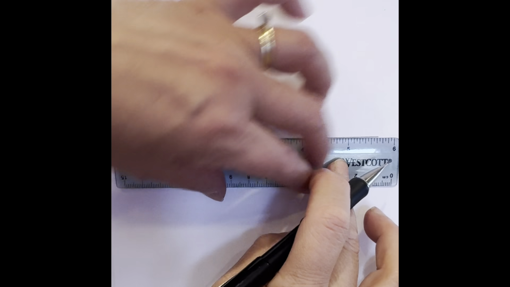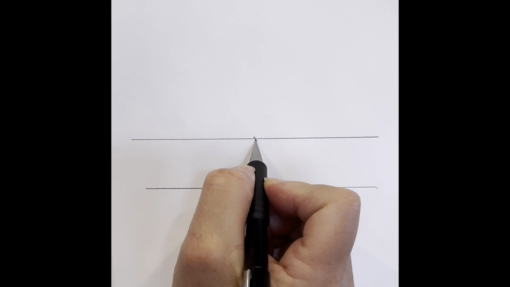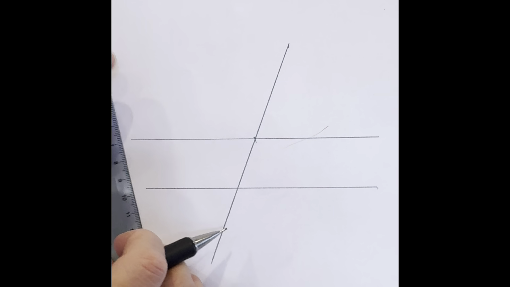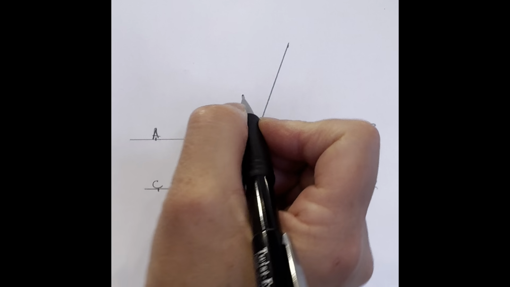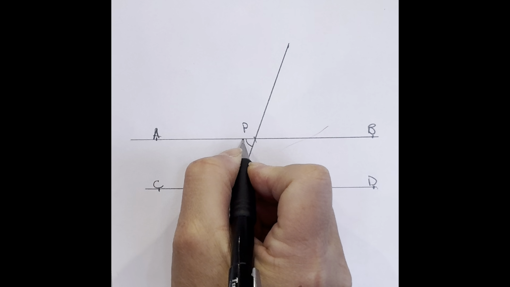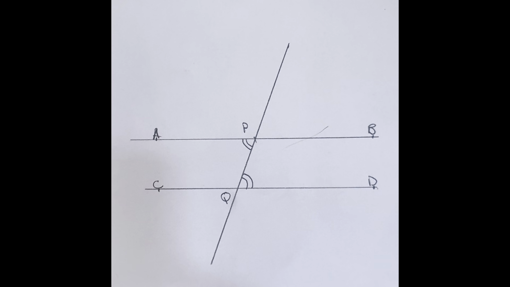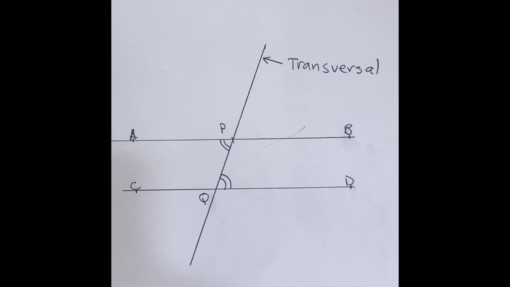In this third activity, we draw two parallel lines, then draw a transversal, that is a line that cuts them both as shown, and then I label the line segments so that I can point out certain features of the angles of this figure. Angles APQ and PQD are called alternate angles. So just to be clear, the slanted line is called the transversal.